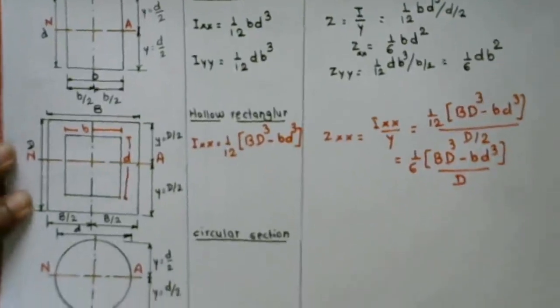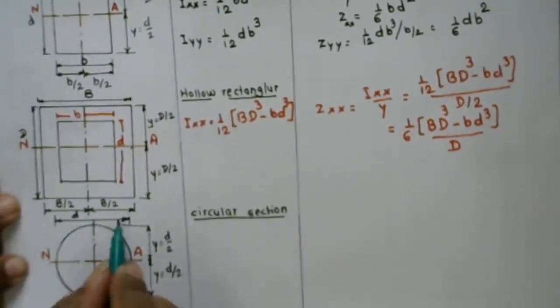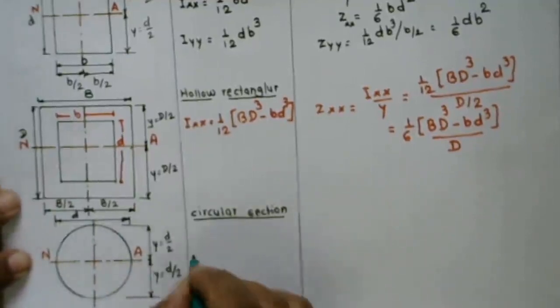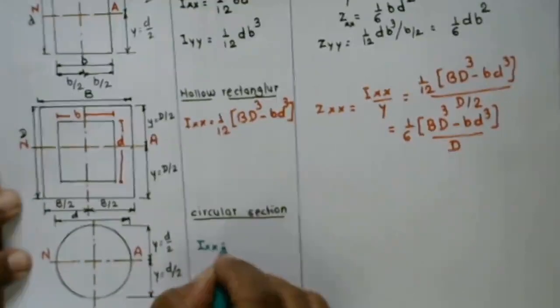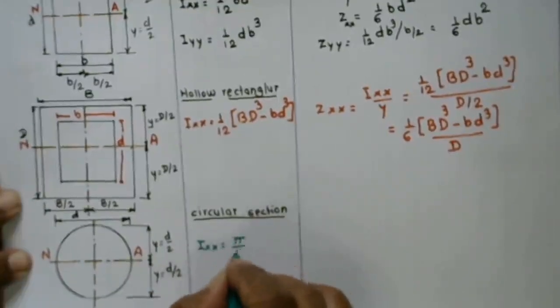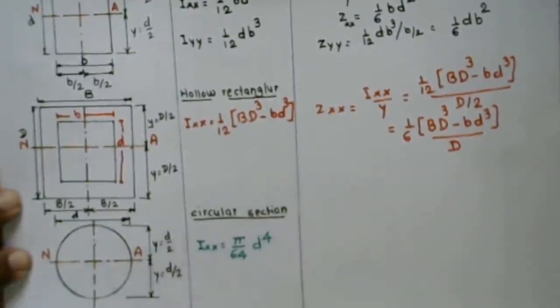Now the third section is the circular section. In that circular section, D is the diameter of the section. So in that case Ixx is equal to pi by 64 d raised to 4.